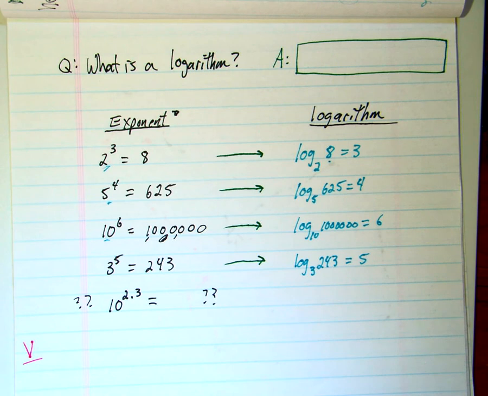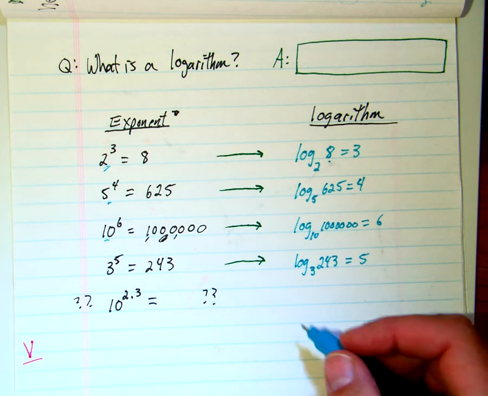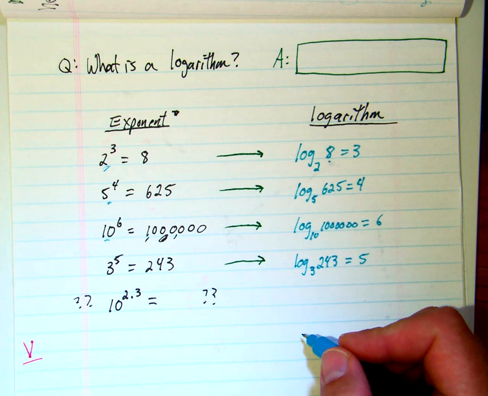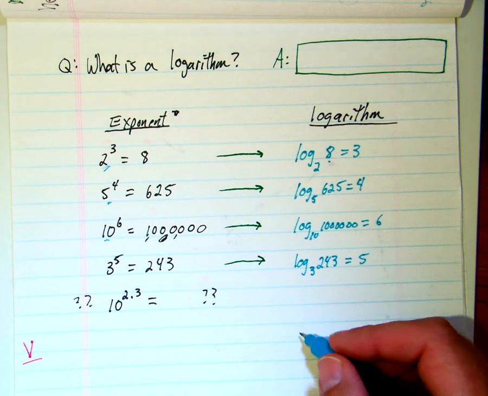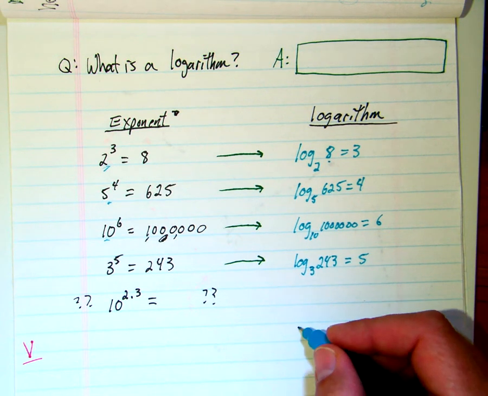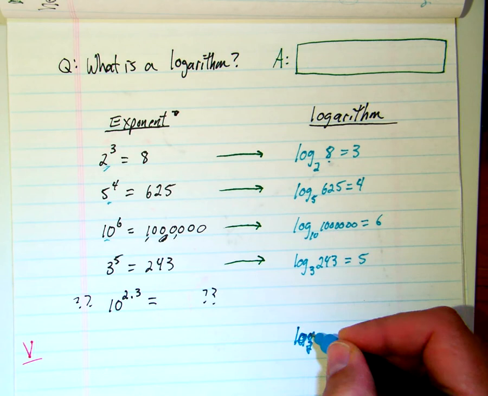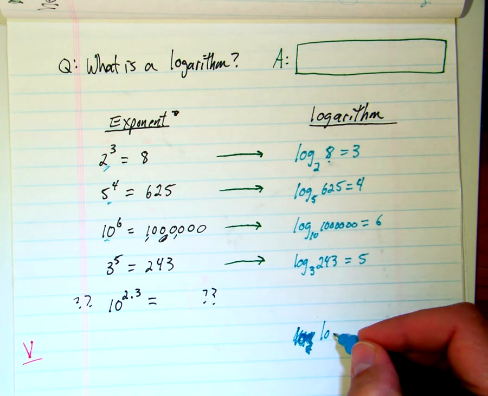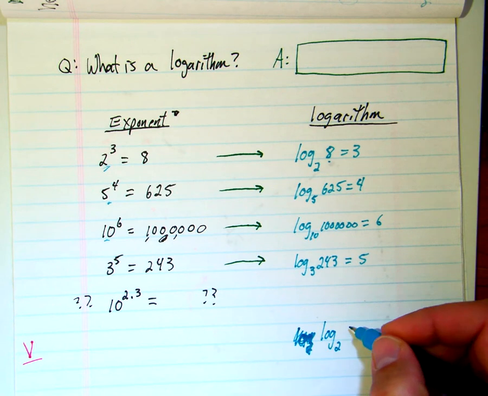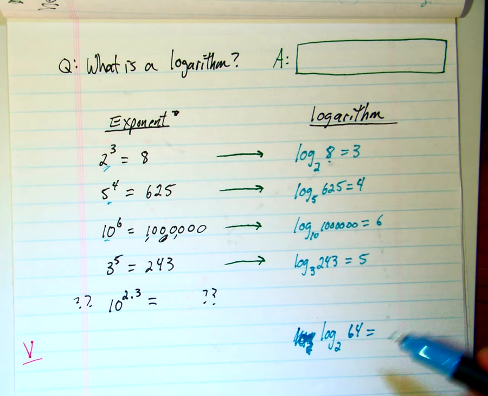So what I'm going to try now is we're going to skip this one for a second, although you can pause the video and try it. It's fun. We'll come back to it. Suppose I said that the log base 2 of 64 was equal to something.